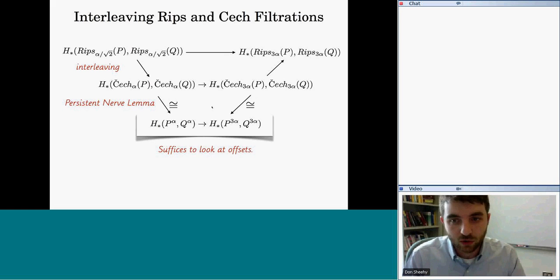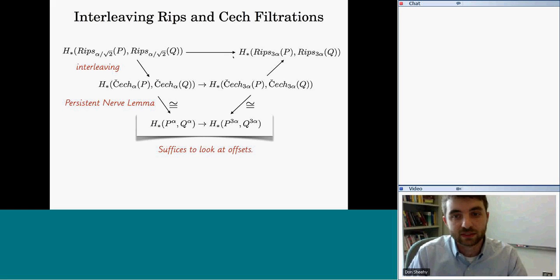This is pretty well known, the interleaving of Rips and Cech complexes. And I'll just show it now because it allows us to always just talk about geometry and not about simplicial complexes. So at the top, you'll see this top line is exactly the homomorphism that we use as part of the topological coverage criterion.